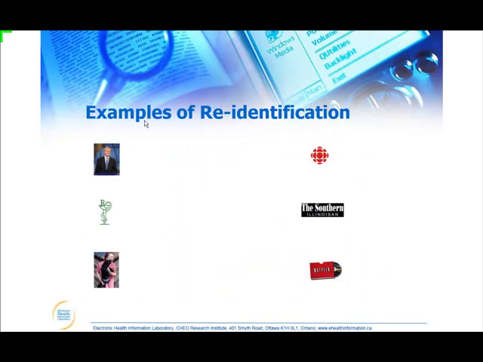The problem is there are known examples where individuals can be re-identified from masked data sets. We did a review of re-identification attacks that have occurred and are publicly known, and there are 13 of them. When we looked at all of them, there was only one exception. 12 of them were masked data, and the last one, the 13th one, was done in the context of a national statistical agency doing an exercise.